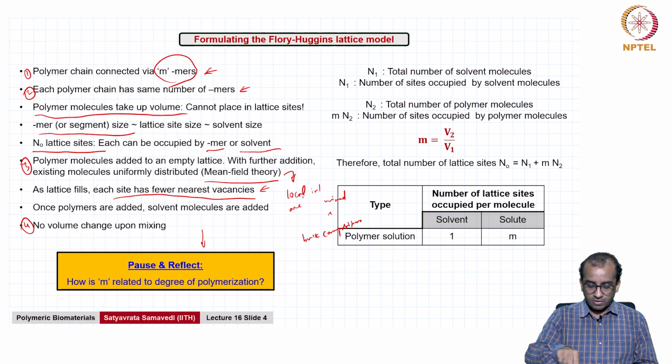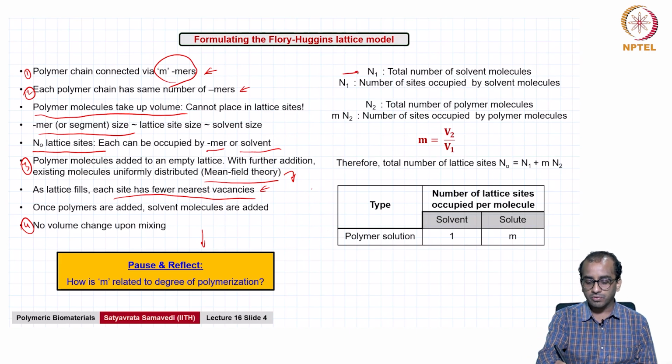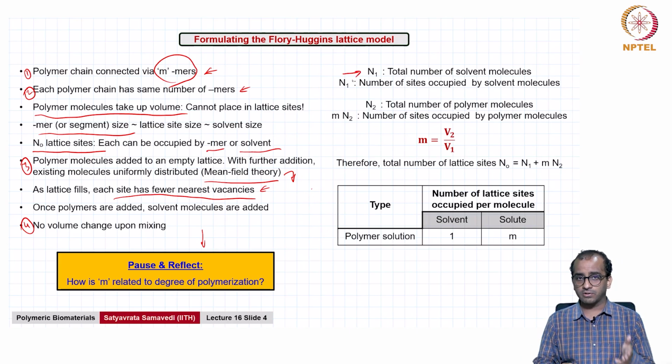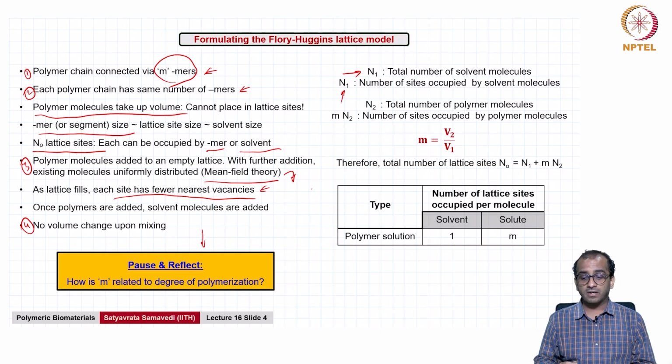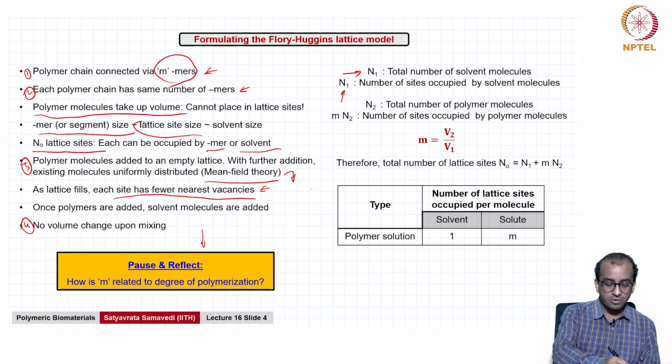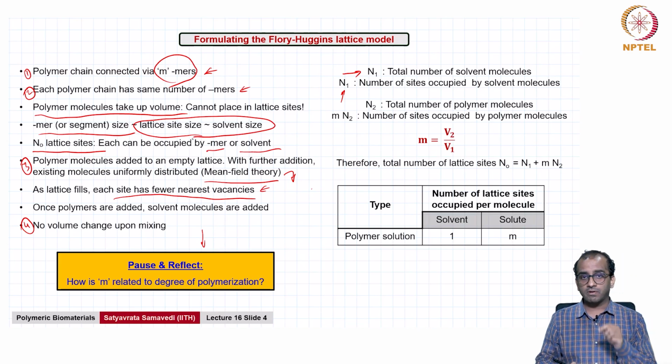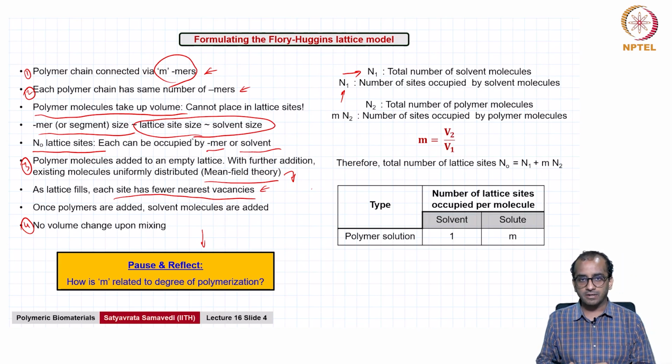Now, for the Flory-Huggins theory, we consider N1 total number of solvent molecules. This remains exactly the same as the ideal case of mixing, where N1 also happens to be the number of sites occupied by the solvent molecules. Because solvent molecules are small and the size is comparable to the lattice site, each solvent molecule can occupy one lattice site.